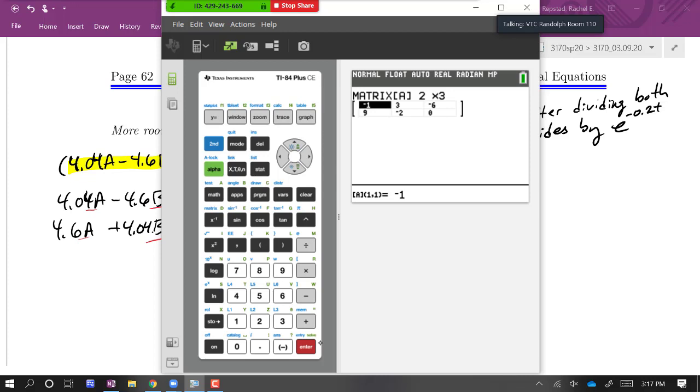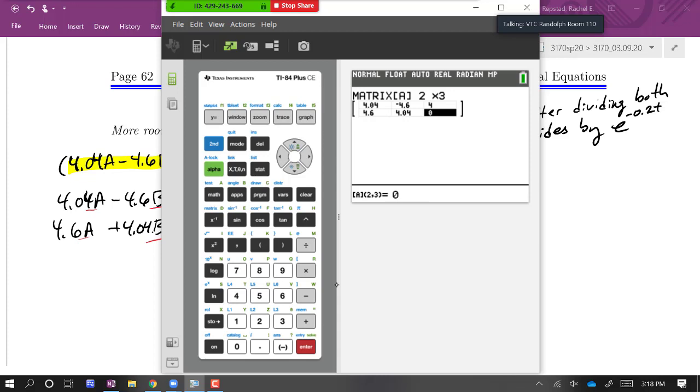And then I'm just going to put in the values. After I punch in a value, I'm going to hit enter. It'll bump me over to the next cell. So 4.04, negative 4.6, 4, and 4.6, 4.04, and 0.